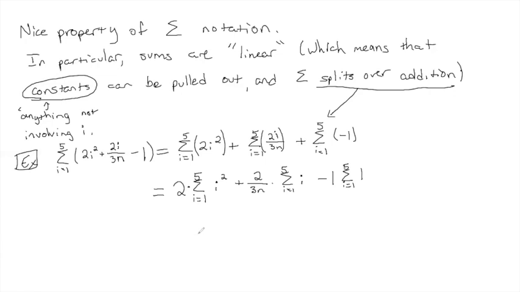Okay, so now here's what I have, and I can write this sum out explicitly. Let's get the practice at least. So I'll put in brackets what this sum corresponds to. I equals 1 gives me 1 squared, and then plus 2 squared, plus 3 squared, plus 4 squared, plus 5 squared. Now I have plus 2 over 3 times n, and I do the same thing. 1 plus 2 plus 3 plus 4 plus 5.